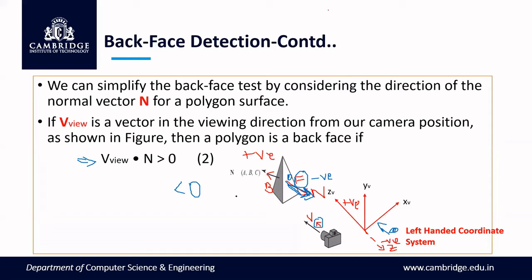We have already dealt with this in the last classes. Now, viewing is in the positive direction of the z-axis always, and the negative n is coming in the opposite direction. When it is in the opposite direction, obviously it will be less than 0, or sometimes it might be equal to 0.